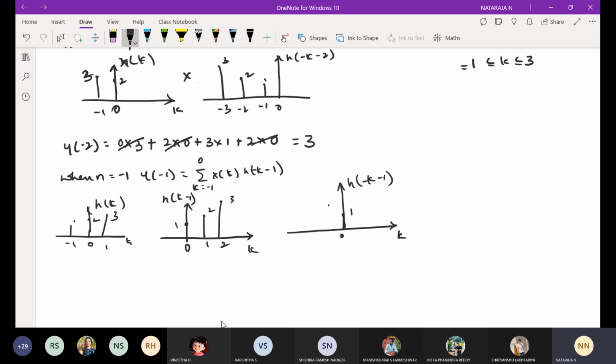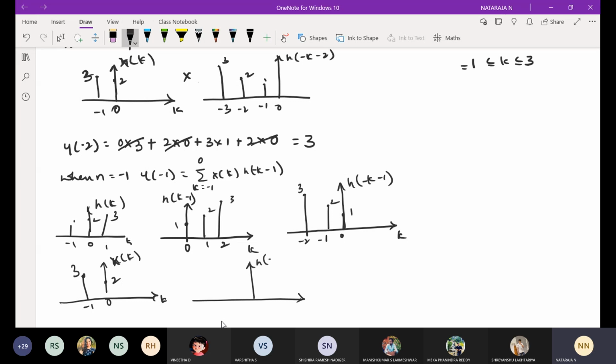Zero, 1, 2, 1, minus 1, minus 2. Okay, now we need to multiply x of k and h of minus k minus 1. X of k is 0, 2, minus 1, 3, multiplied with this signal.